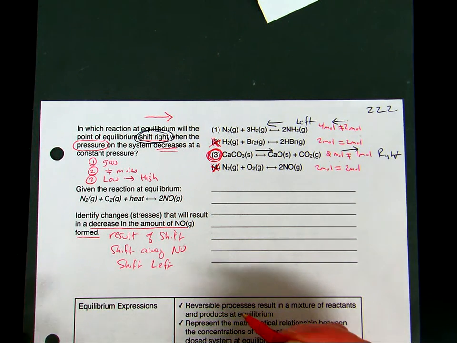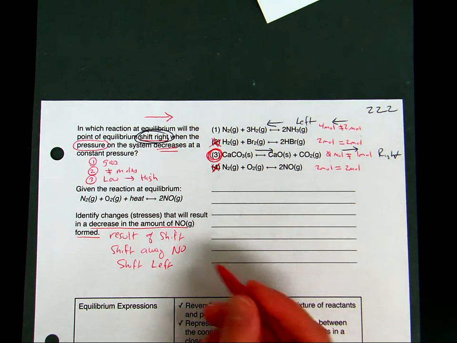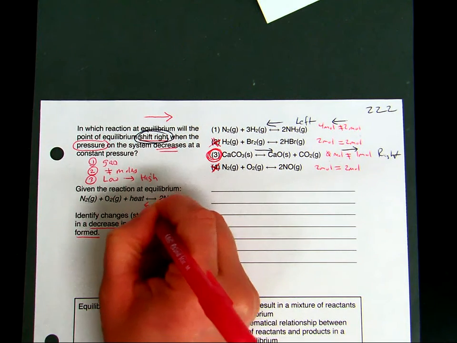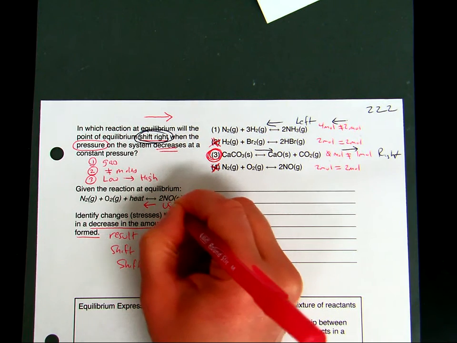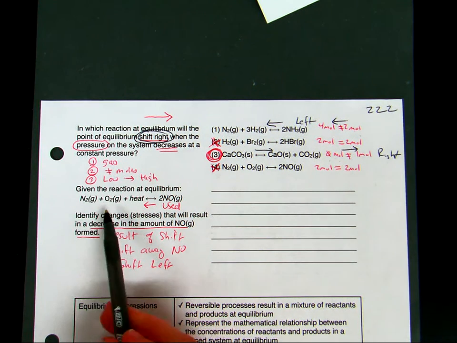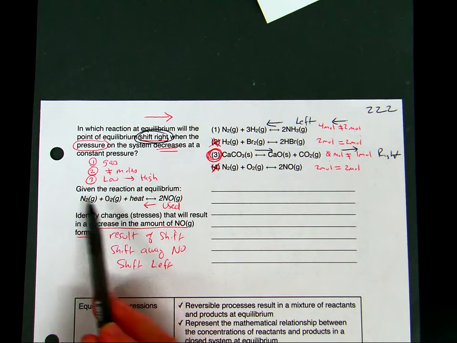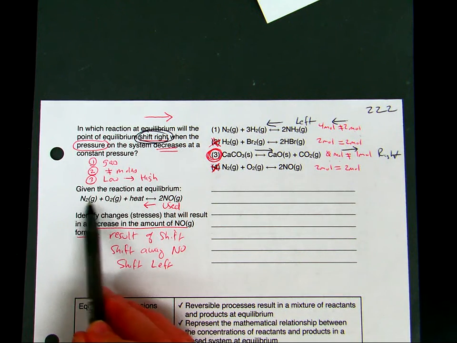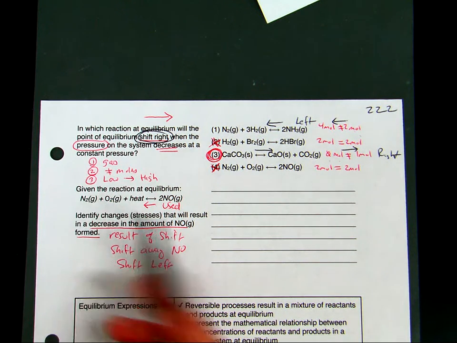So we have to identify possibilities that will make the system shift left. Let's think through the processes. Number 1, we could remove or decrease the amount of a reactant, N2 or O2.